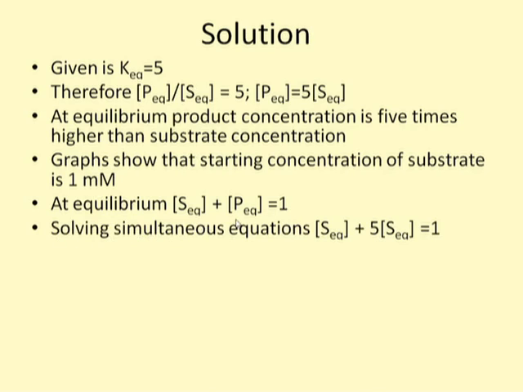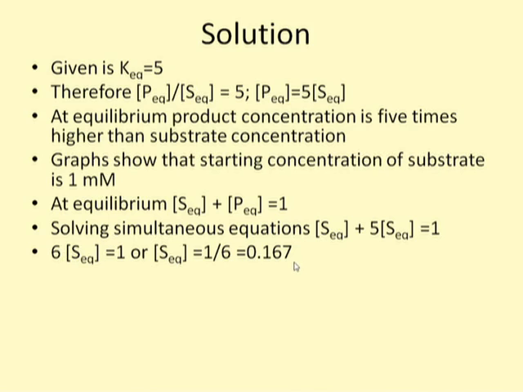So now we have these two equations: S equilibrium plus P equilibrium equals 1, and P equilibrium equals 5 times S equilibrium. We can solve these so that S equilibrium plus 5 times S equilibrium is equal to 1, or 6 S equilibrium equals 1, or S equilibrium equals 1 by 6, or 0.167.